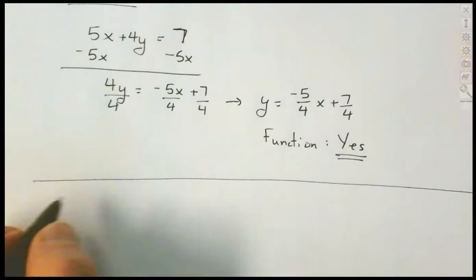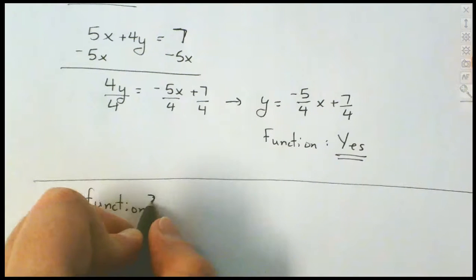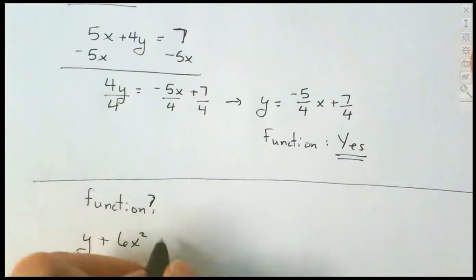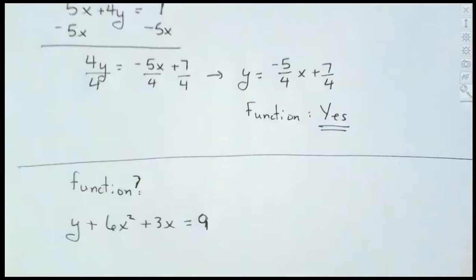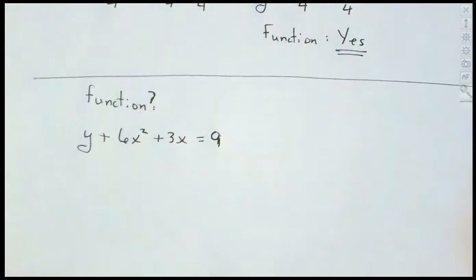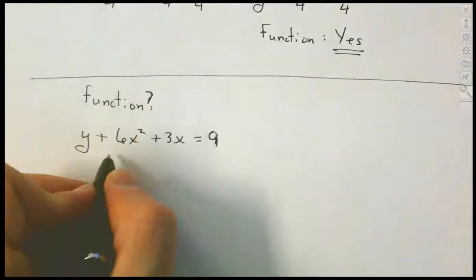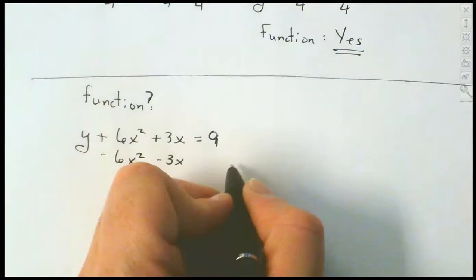So here's another one that we're going to see if this is a function or not. Okay, let's look at this one. Is this one going to be a function? Yeah, it's going to be a function, right? Because what's our goal? Our goal is to be able to get y by itself. Can we get y by itself? Yes, we can. We can get y by itself by simply moving that 6x squared over and the 3x as well.